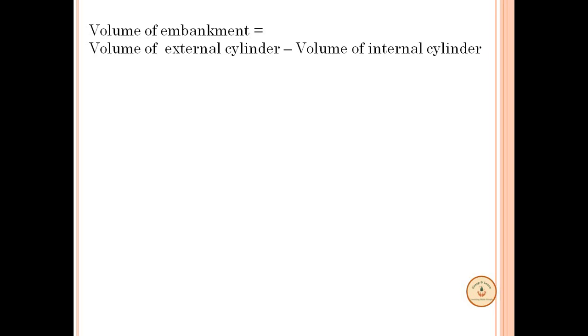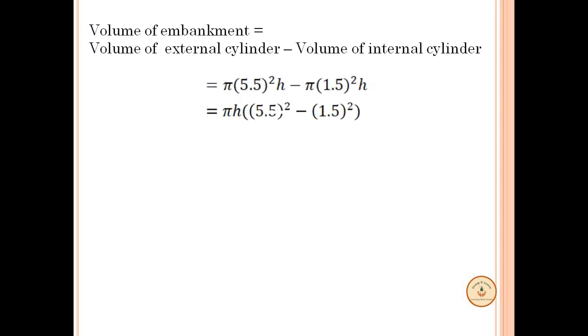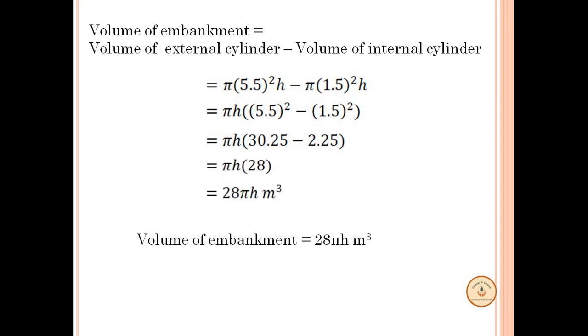So solving this, taking pi h common and substituting the values of 5.5 square and 1.5 square, we obtain volume of embankment as 28 pi h meter cube. Again, we have not substituted pi and the value of h we need to calculate, so we will keep it as it is. The unit for volume is meter cube, so that is what we have used here.